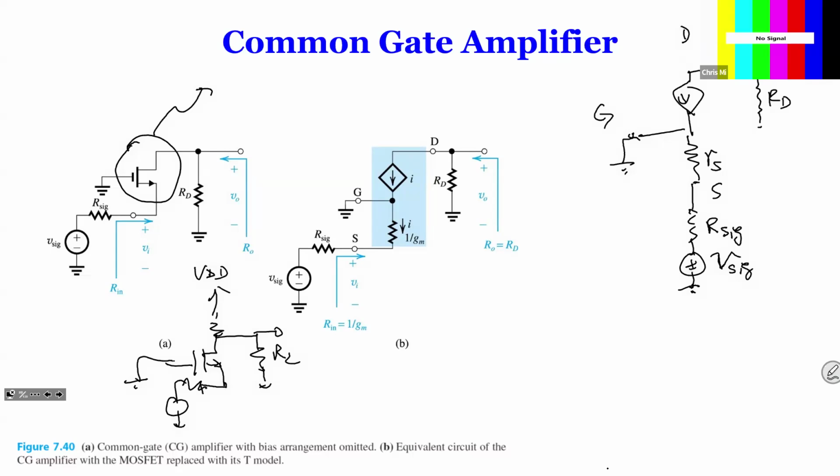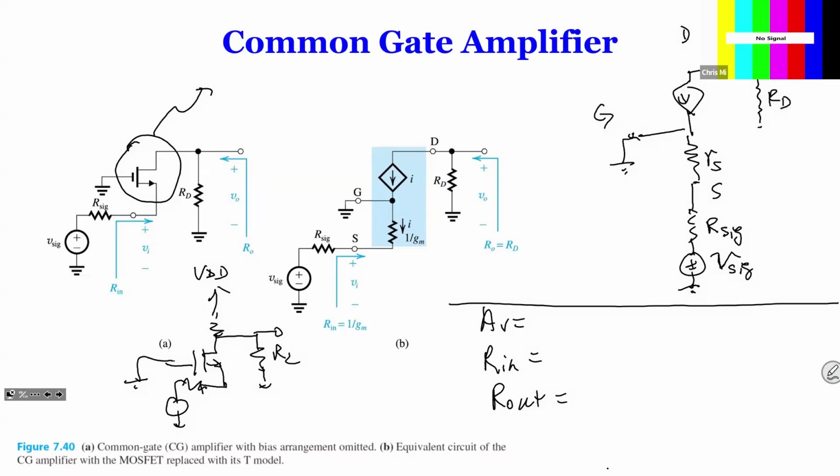So typically what we want to do is we want to find three things. One is the gain, and another one is input resistance. The last one is output resistance.